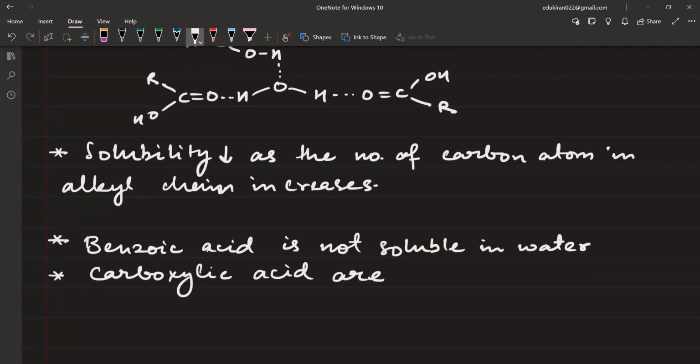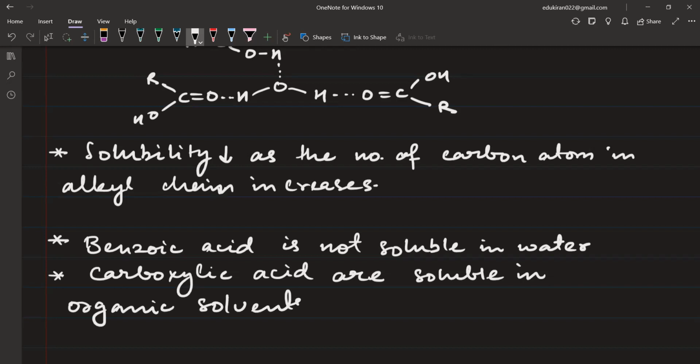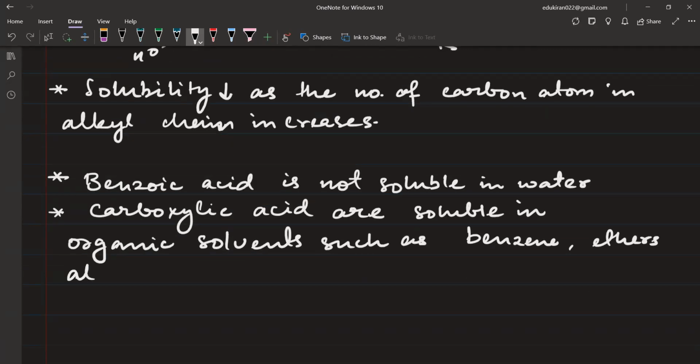All the carboxylic acids are soluble in organic solvents such as benzene, ethers, alcohol, chloroform. Okay, these are examples of organic solvents.